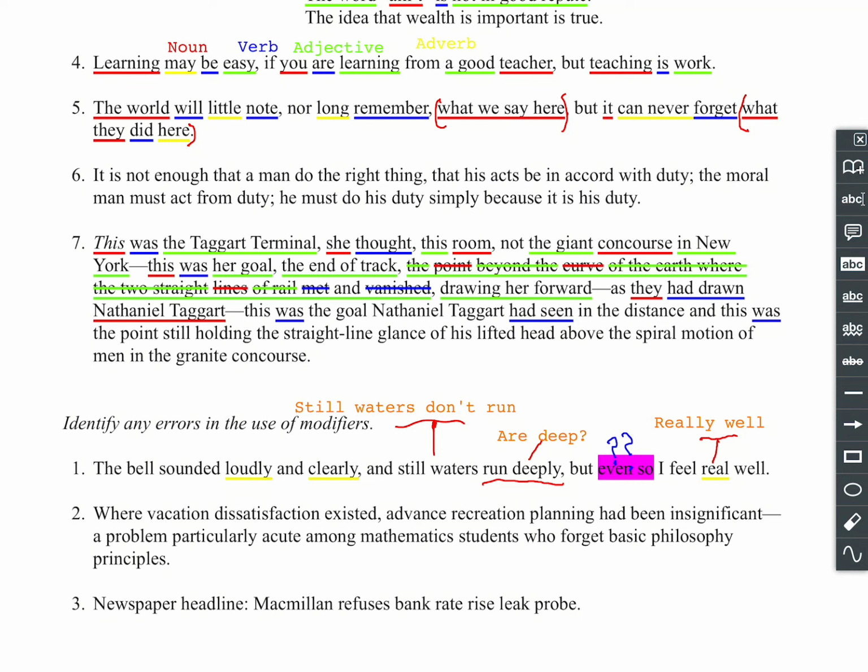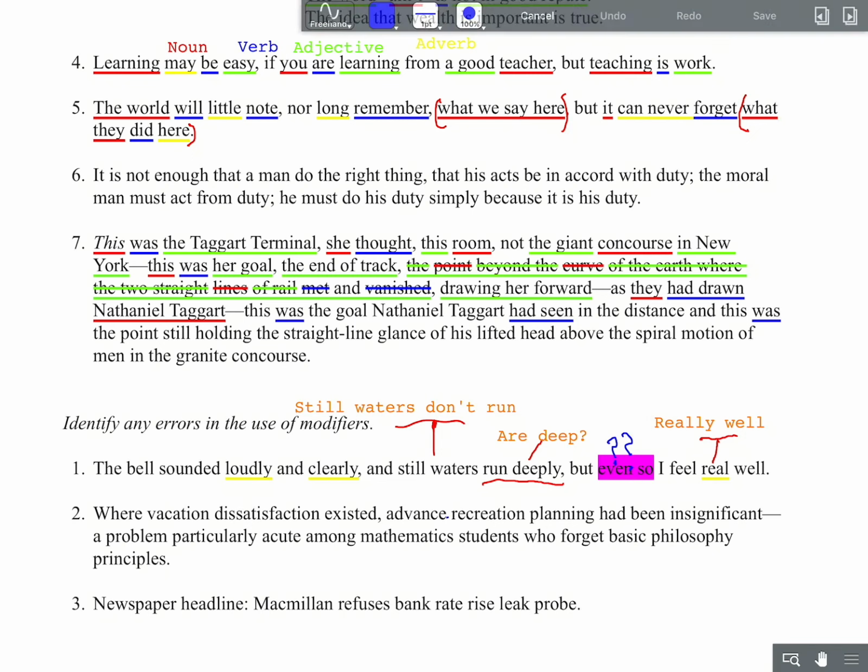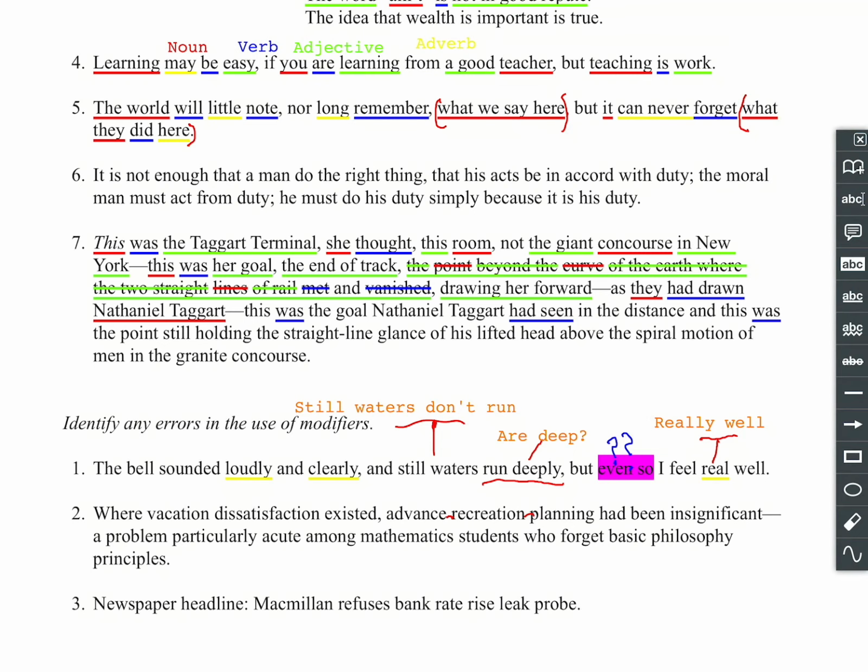If I was writing that, I would probably hyphenate it. Like advanced-recreation-planning, so it's one unit. And I think that would make it more readable. I might also hyphenate vacation dissatisfaction, because it's an unusual construction, and if you hyphenate it, it makes it easier for the reader to figure out what's going on. Okay, advanced recreation planning had been insignificant.